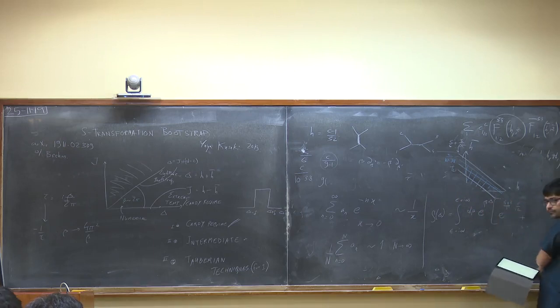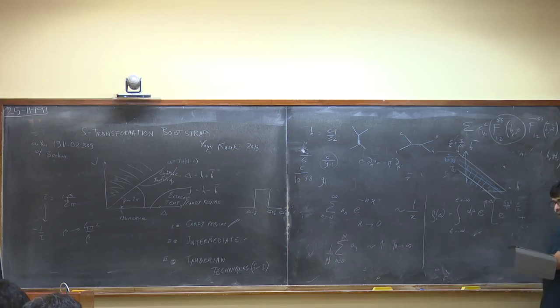Sorry, just, what is the statement? Is the statement that Cardy's result is wrong? No, the statement is about the assumptions which go into Cardy's result. Firstly, that high temperatures are dominated by large delta.